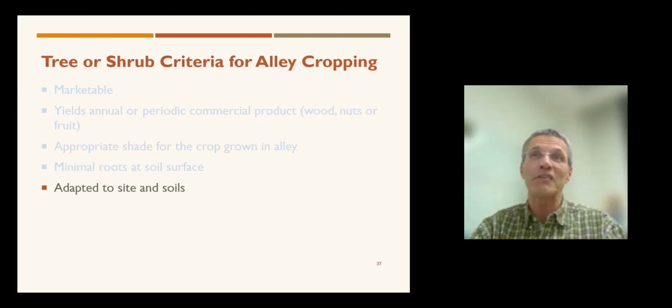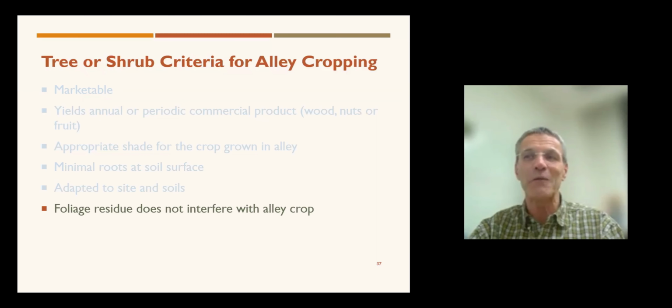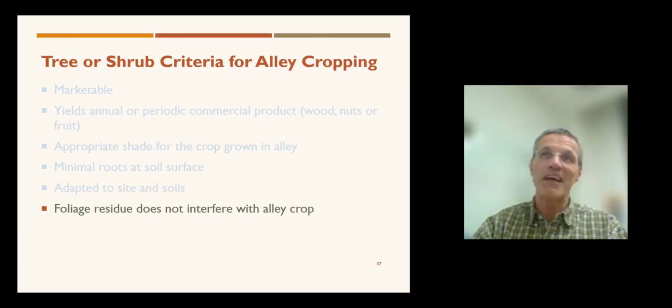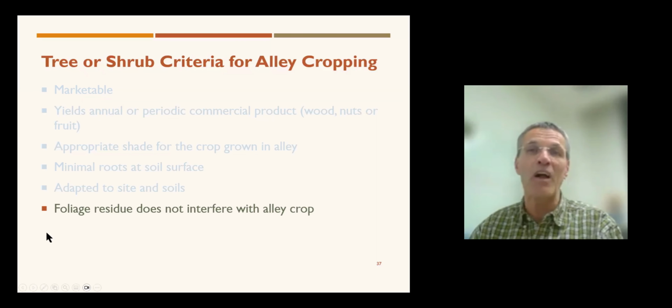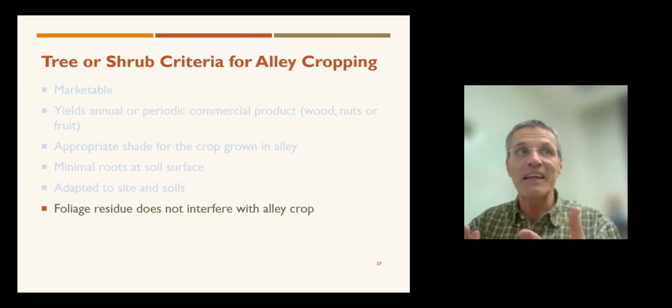And both the trees and the shrubs really need to be adapted to that kind of a site and environment and soil. And then also anything that falls off of the shrub should not interfere with the crop. So for example, that's a problem in black walnut. Black walnut is allelopathic and has chemicals in its leaves that inhibit the growth of many plants and also of vegetables, for example.